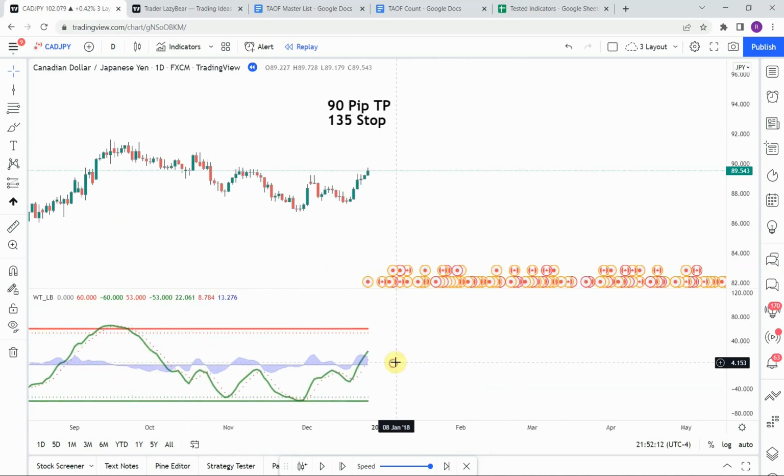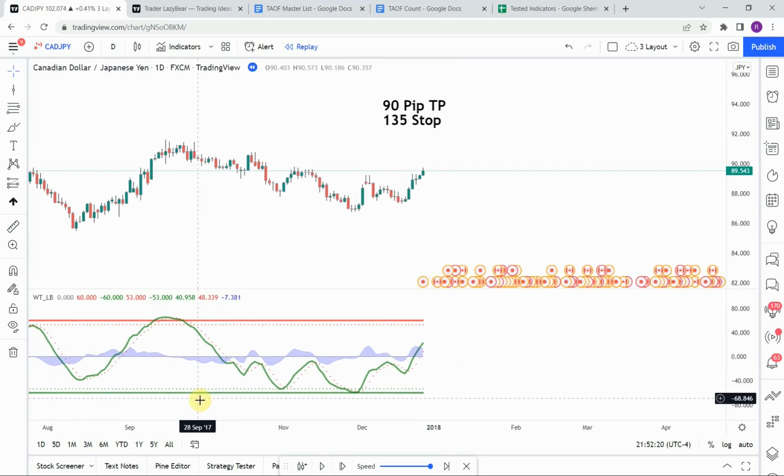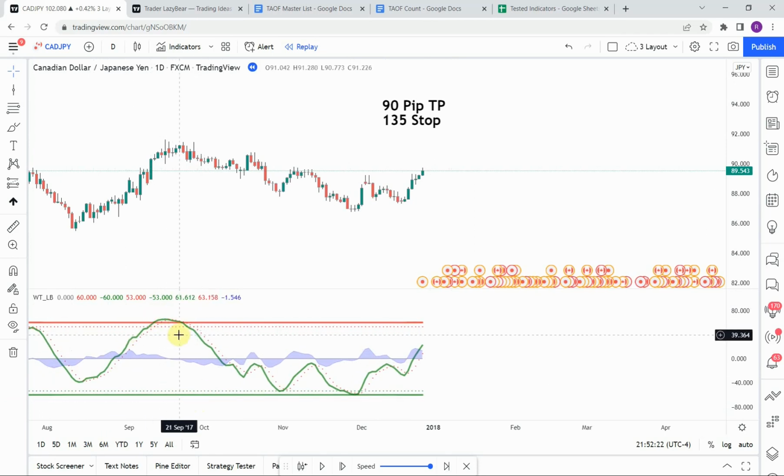And what we are looking for is pretty simple. We are looking for that oscillating line to breach either up above the red line or down below the green line. And then we are looking for that oscillating line to cross back down into this middle zone here. So once it crosses back down below the red line, for example, that would be a signal to go short.